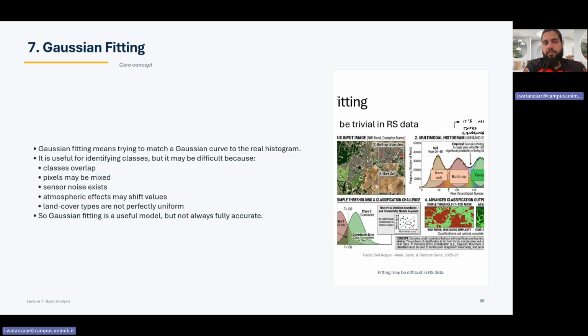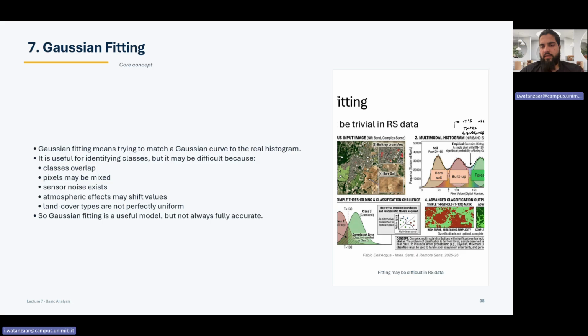It is useful for identifying classes, helping to show where different classes like forest, residential blocks, commercial areas, roads, and buildings are located. But it may be difficult to match the Gaussian curve to the real histogram because classes can overlap, and that is quite common.